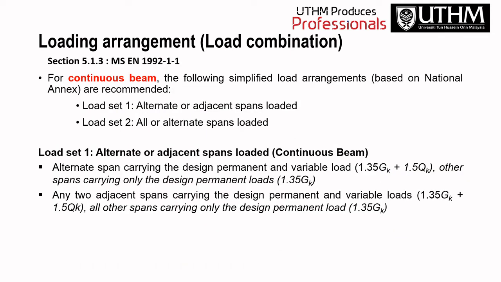So for continuous beam, the following simplified load arrangement based on the national annex is recommended. So we have 2 load sets, which is set 1 and also set 2. Set 1 is alternate or adjacent spans loaded, and set 2 is all or alternate spans loaded.